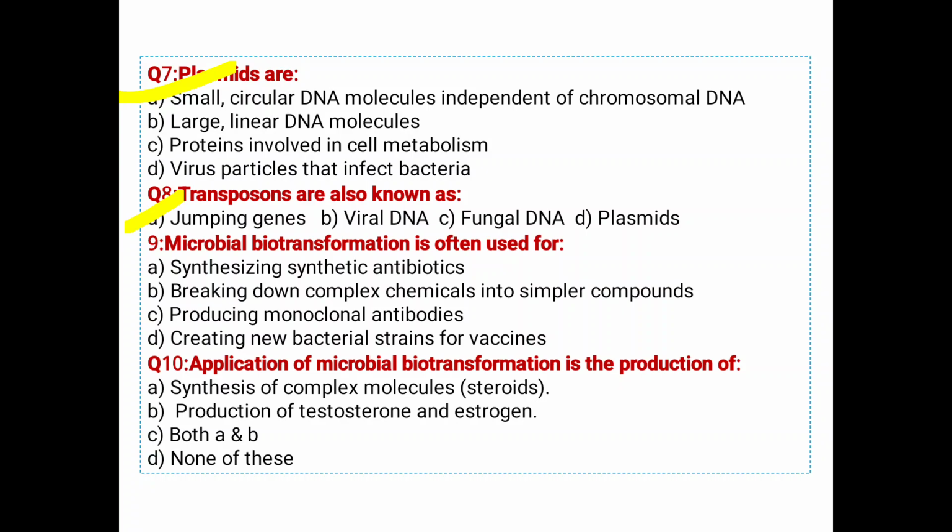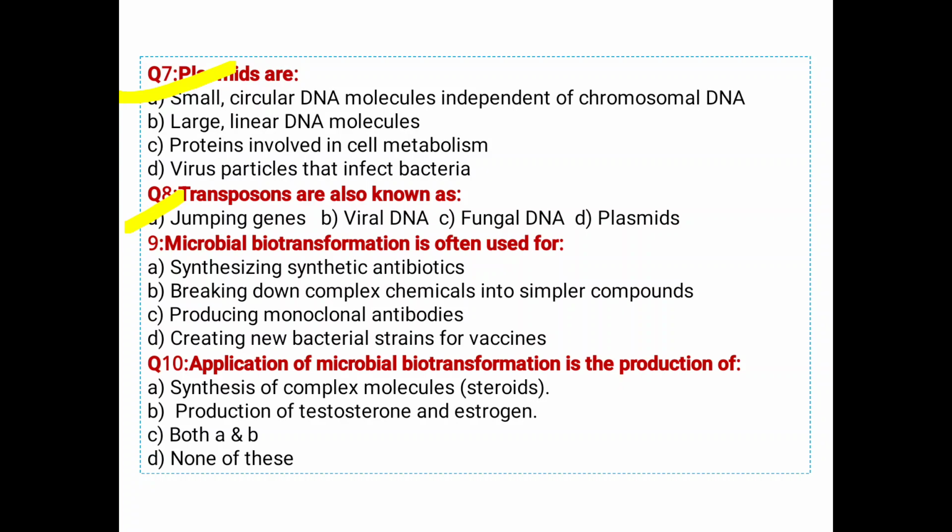Next, microbial biotransformation is often used for: A, synthesizing synthetic antibiotics; B, breaking down complex chemicals into simple compounds; C, producing monoclonal antibodies; and D, creating new bacterial strains for vaccines. Biotransformation means metabolism.